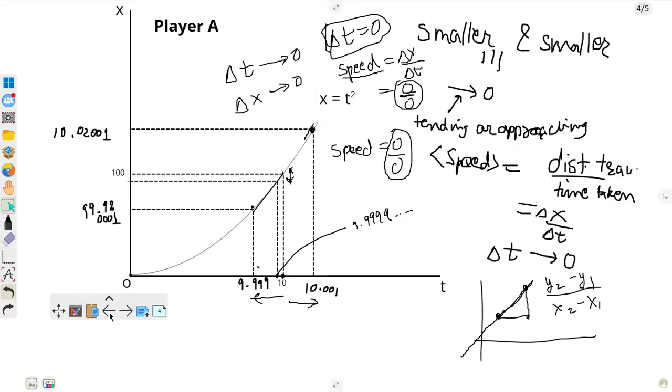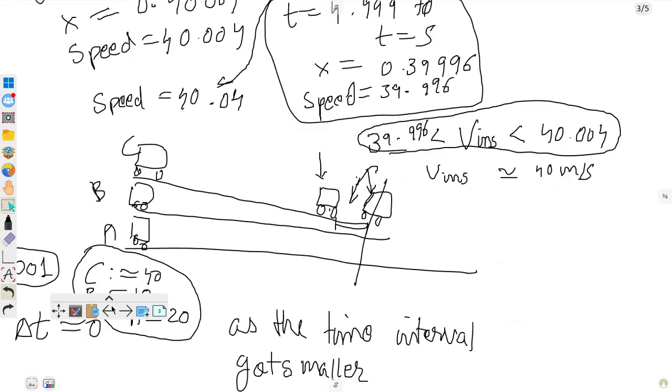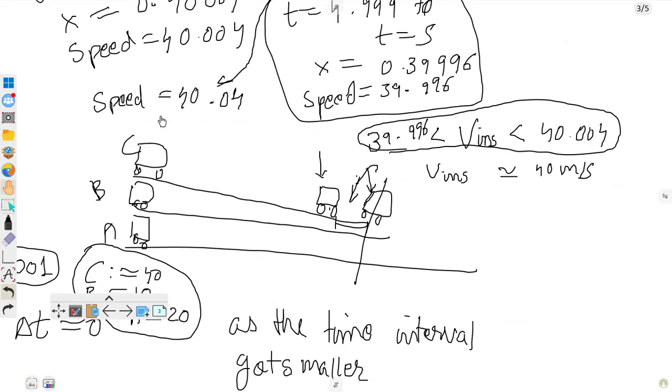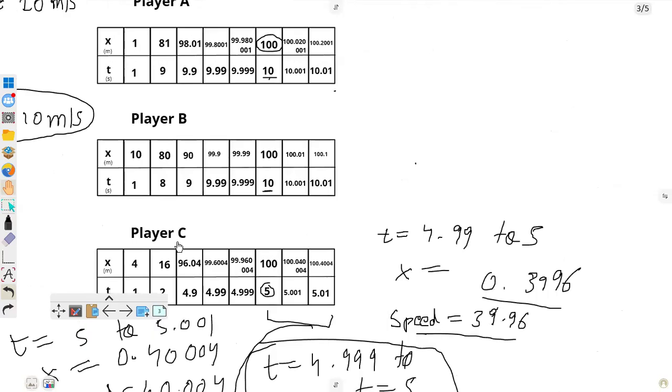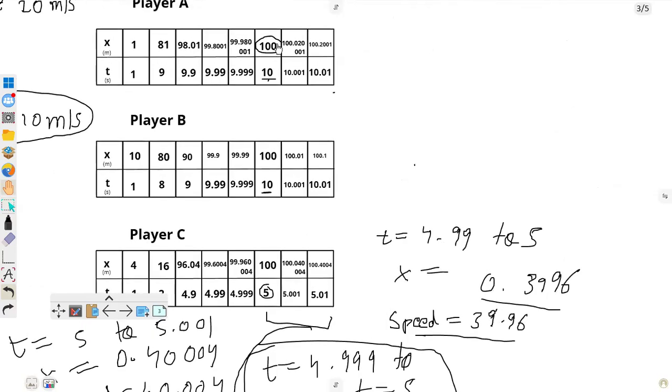I'm sure you might have noticed this as well, because every t squared was equal to x. You may have noticed 10 gives 100, 9 gives 81, 9.9 gives 98.01.